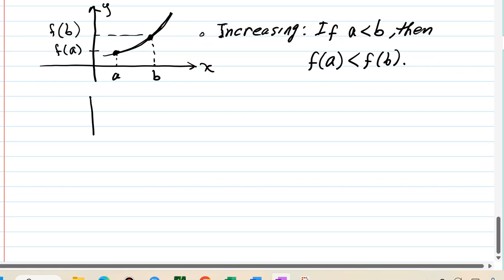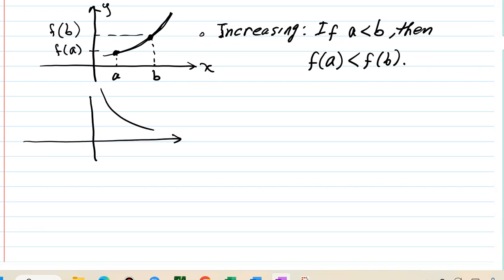Example of a decreasing function, you can kind of imagine what that one would look like. Let's say I have something like this now. Suppose this is a and this is b. So here I have f at a. The higher point now is f at a, the lower point is f at b. So for this one, the function f is decreasing.